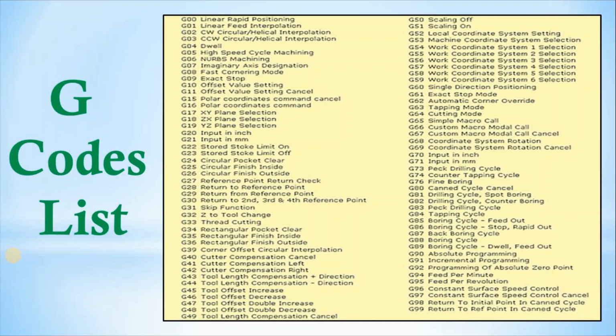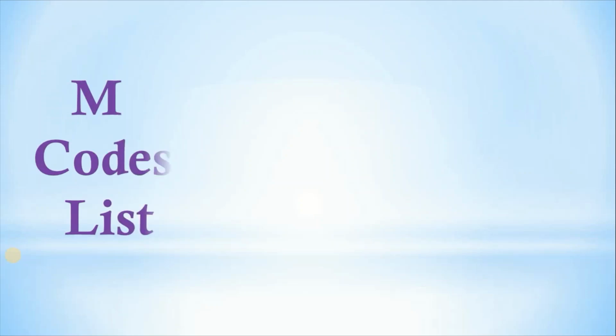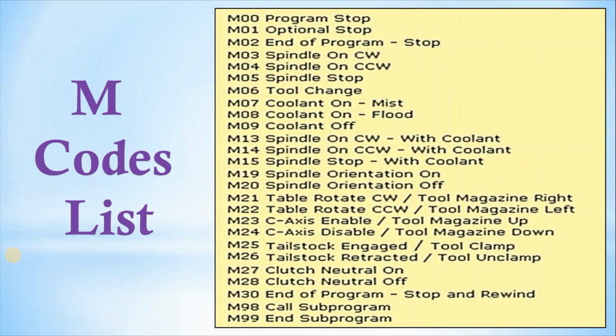What is the specific function of each code, we are going to see in the next consecutive sessions. Stay tuned so that you can understand the function of each G code and its use in a specific operation. In the same way as G codes, we use M codes, which start from M00 to M99.